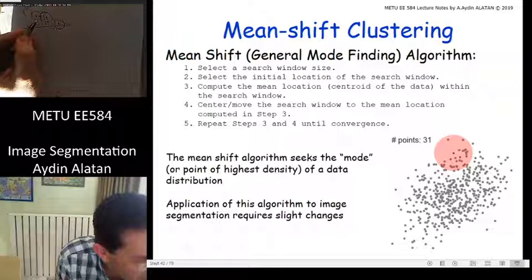When you have a peak, the algorithm stops. It doesn't go anywhere. Now the samples, the pixels reaching the same point in this 2D world will be nothing but your cluster, the same cluster.